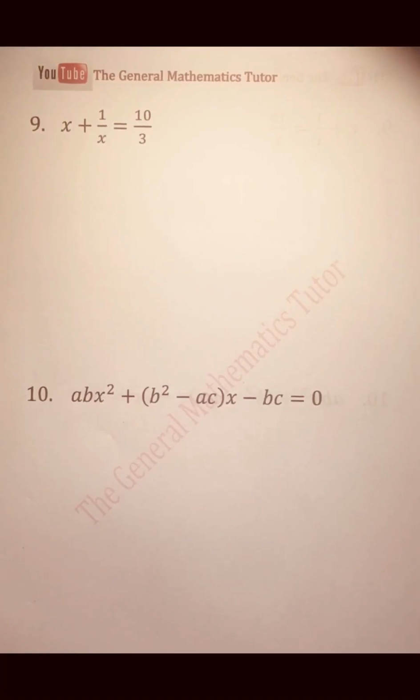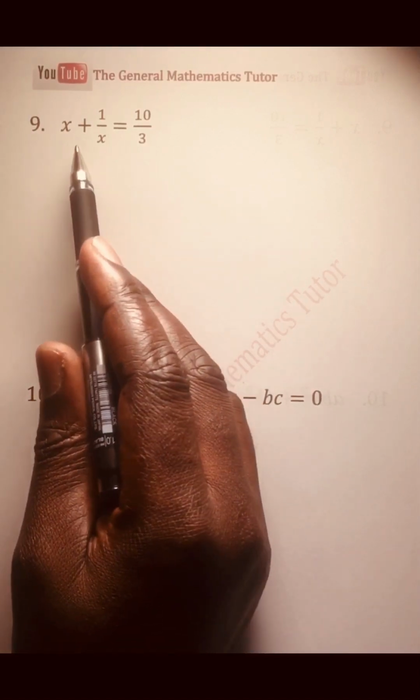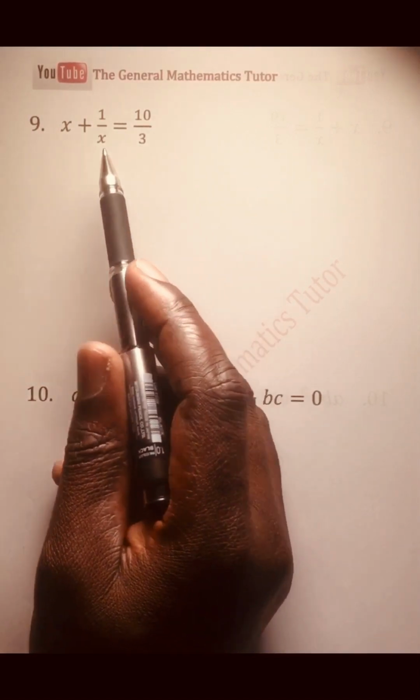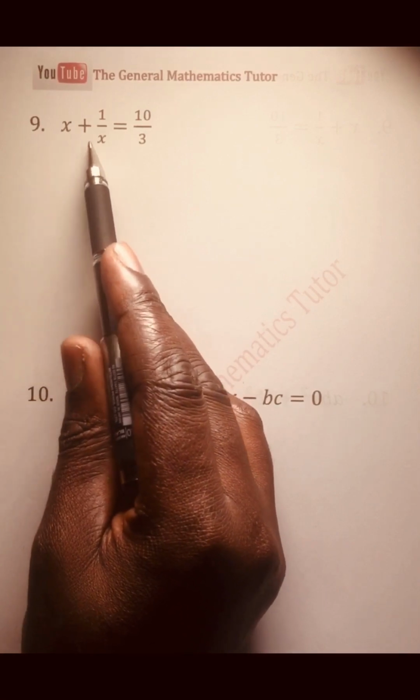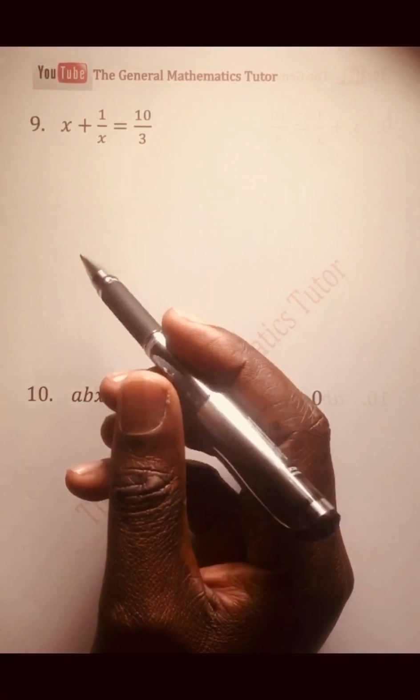Number 9, x plus 1 over x is equal to 10 over 3. So all we need to do is just write this equation into the standard form, that is ax squared plus bx plus c is equal to 0. So for us to do that, we're going to multiply each and every term by the LCM of these three terms. That is the LCM of 1, x and 3, which will be 3x.